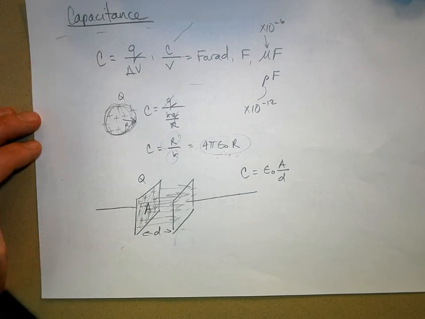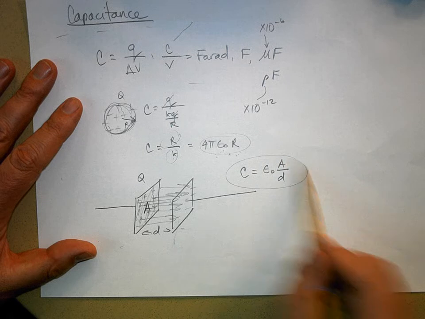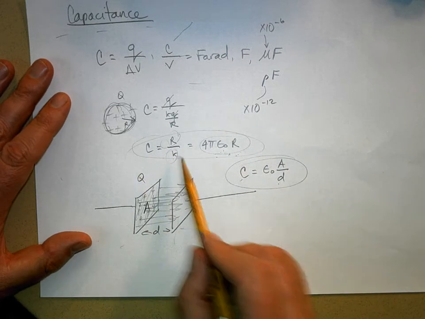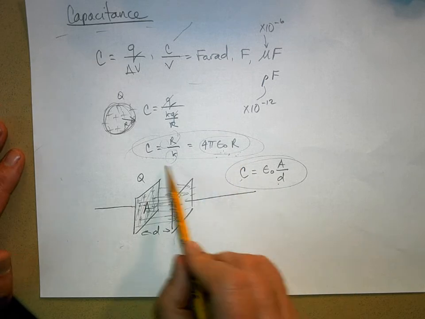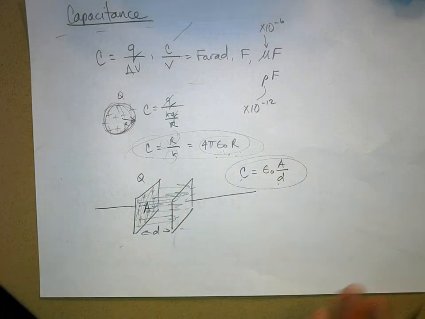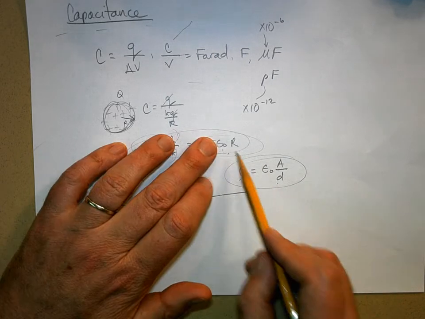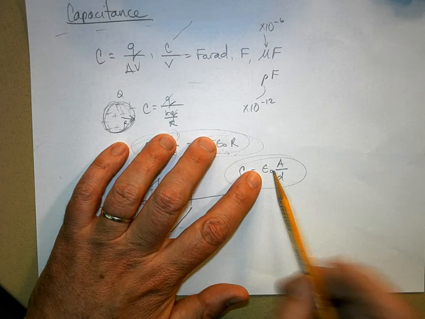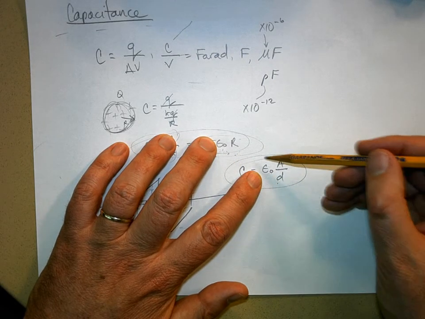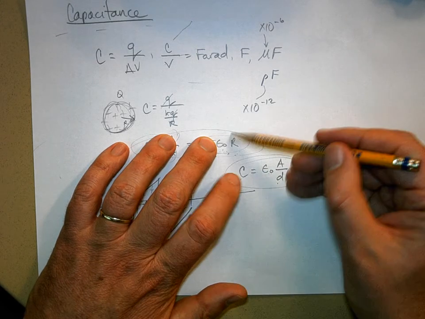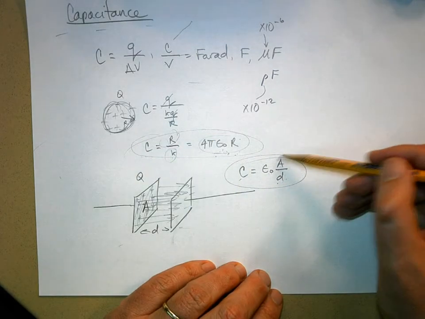Now look at the capacitance of a parallel plate capacitor, and look how similar it is to the capacitance of a charged sphere. I didn't really talk about this in the original lecture, but look: epsilon naught times the essential geometry, area over distance between the plates, and here it's just the radius. Notice dimensionally, what is area?